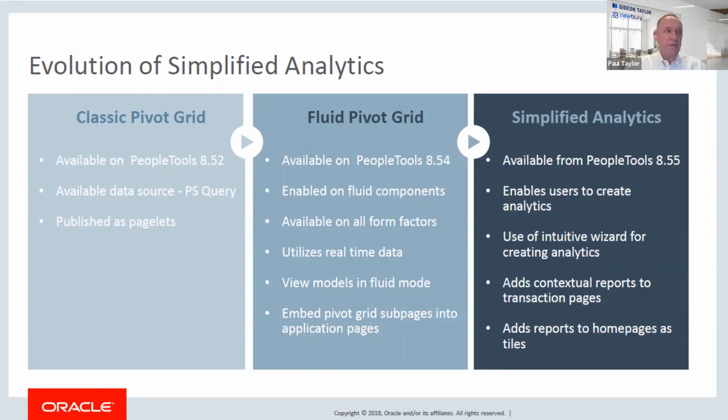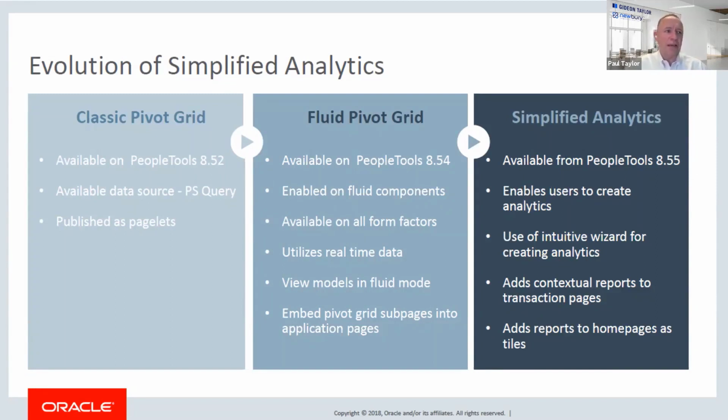They used PS query, they published as classic pagelets, and gave you some visualization options. Starting in 8.5.4, you got a fluid version of pivot grids, and that made them available in all form factors. You could use them on fluid components, and you could also use real-time data.